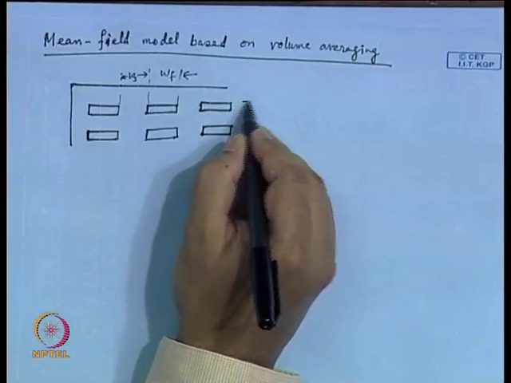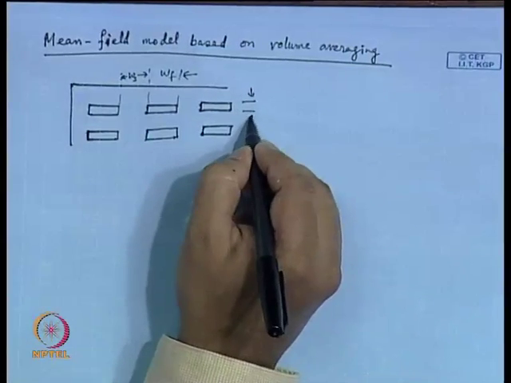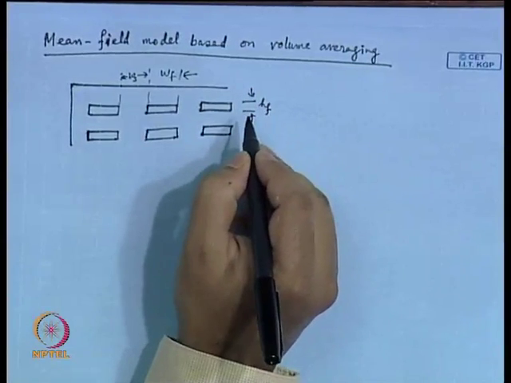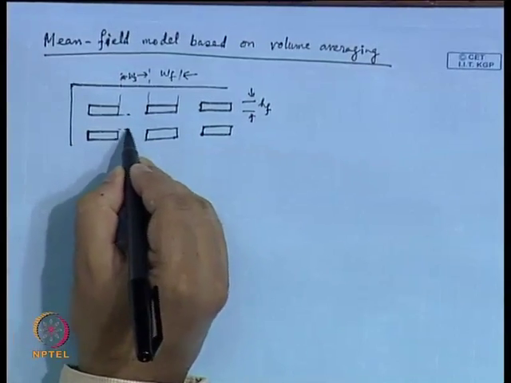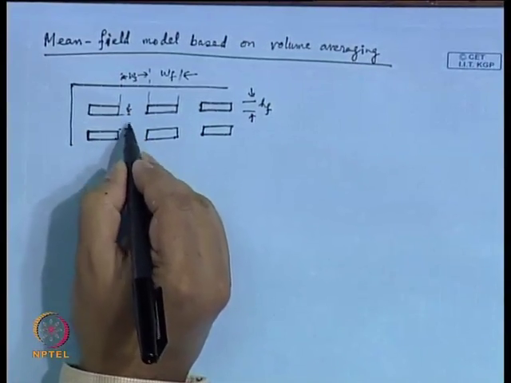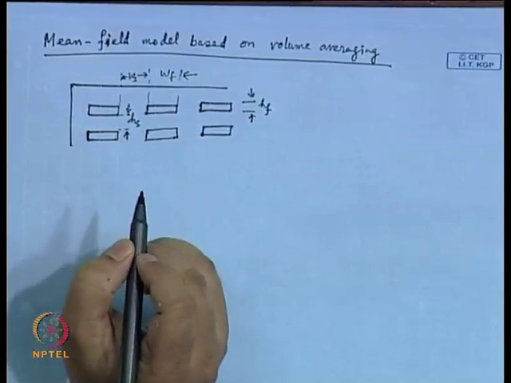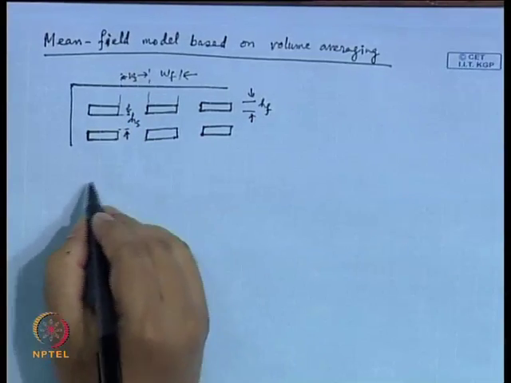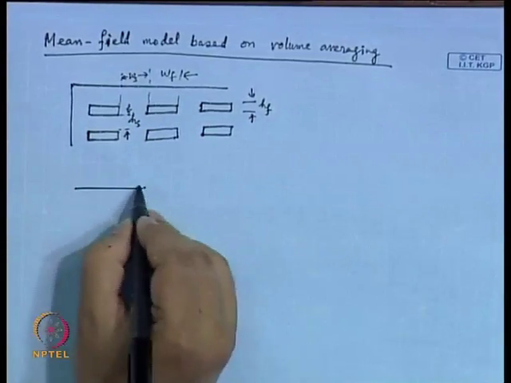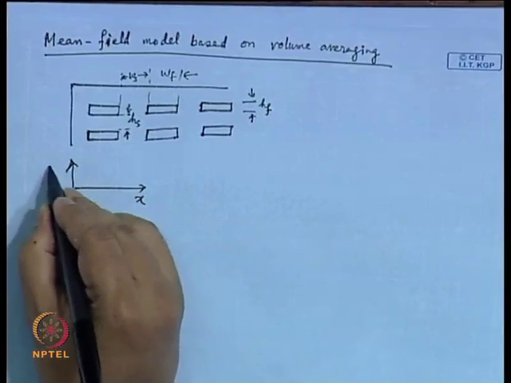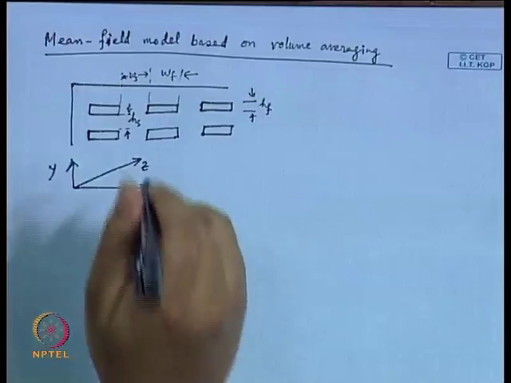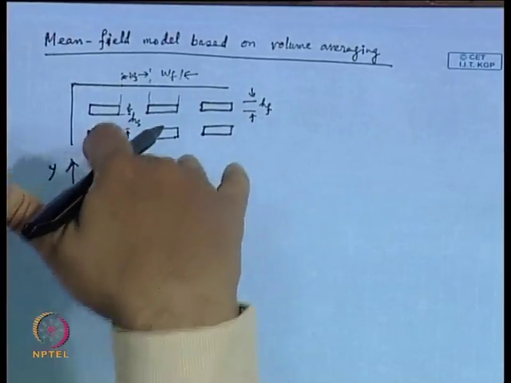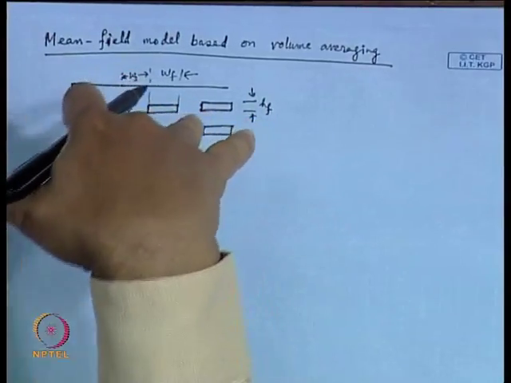Similarly, this distance is considered H f and this distance is considered H s. And you are considering x in this direction, y in this direction, and z in the direction perpendicular to the paper. So the flow is taking place perpendicular to the paper through these channels.